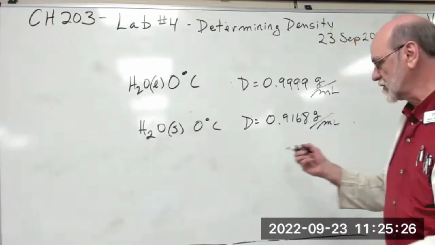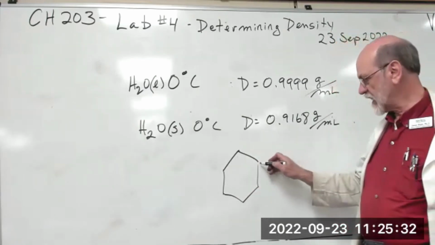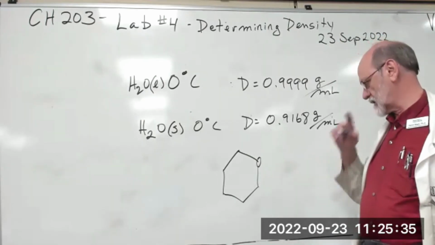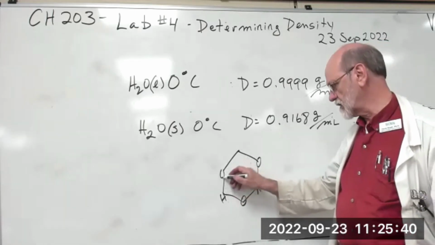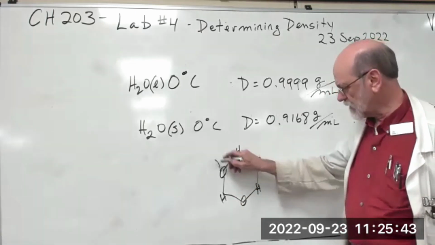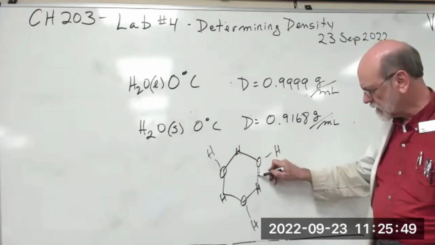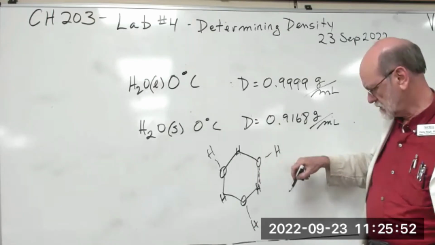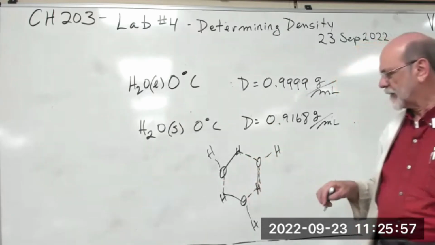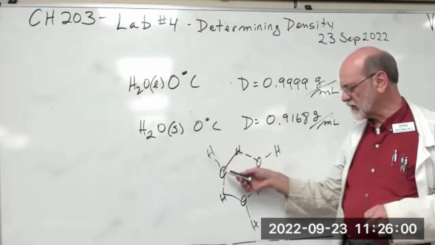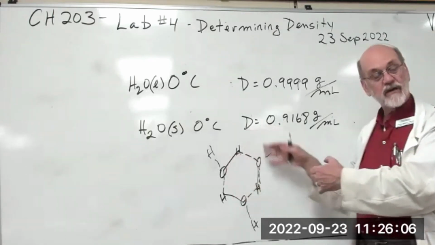They form a lattice like that, with, say, oxygen here and hydrogen, and then oxygen, and then hydrogen, oxygen, and hydrogen. So this would have another hydrogen out here, and this would have another hydrogen here, and this would have another hydrogen here. So these would be covalent bonds in the molecule, and these would be intermolecular attractions. And they form this hexagonal shape.